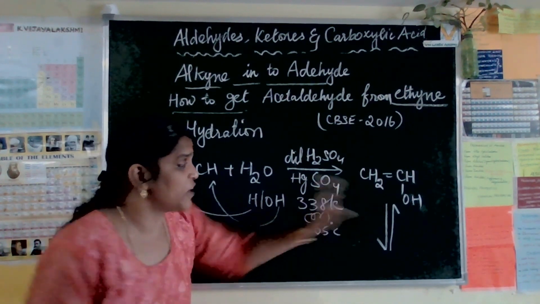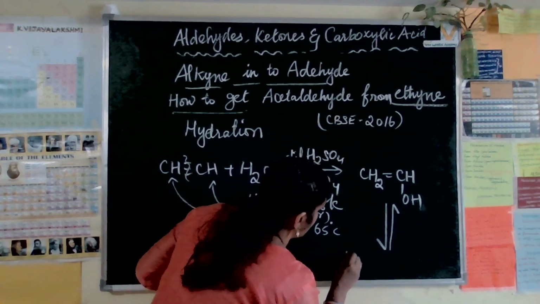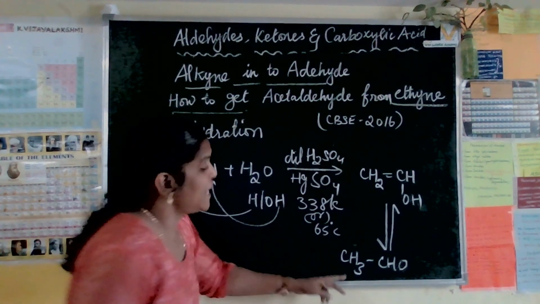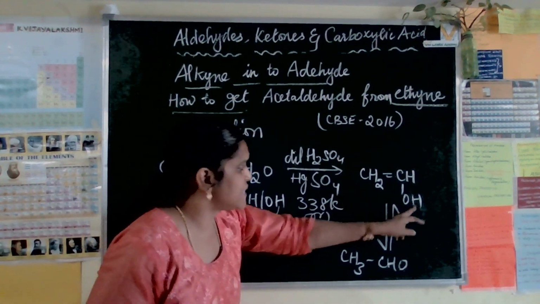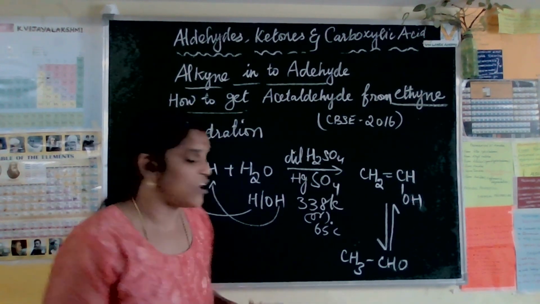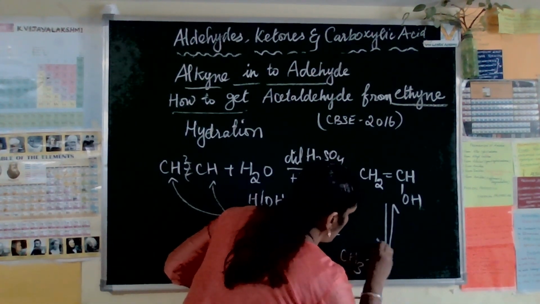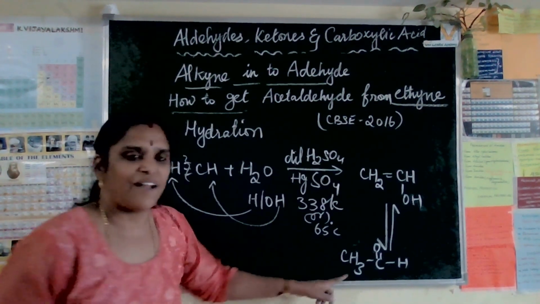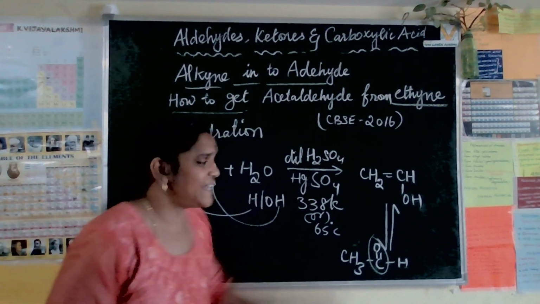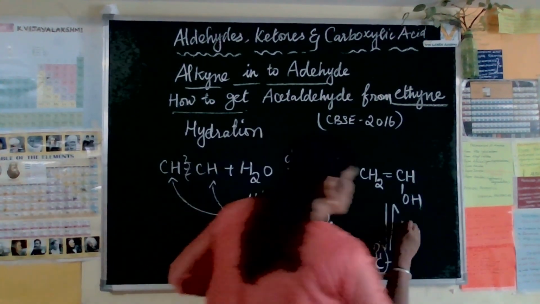Here OH is there, that means it is an alcoholic group, whereas here CH3 CHO. If this hydrogen goes here, automatically CHO. So this is keto-enol tautomerization. Here also you can put C double bond OH. Now I think you got the carbonyl carbon. Here OH, here carbonyl carbon.